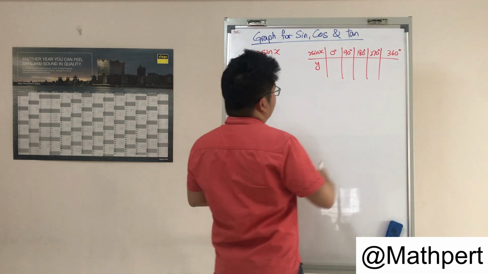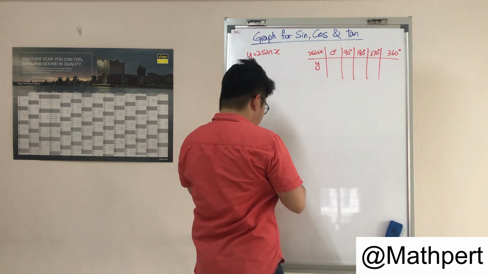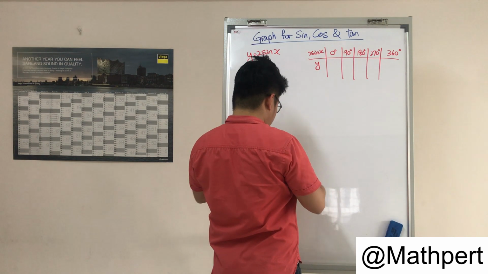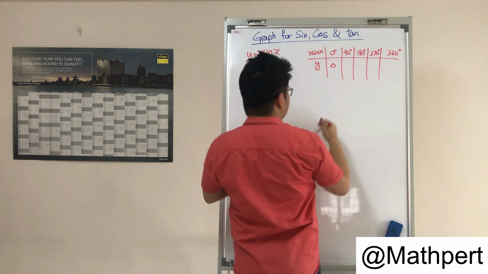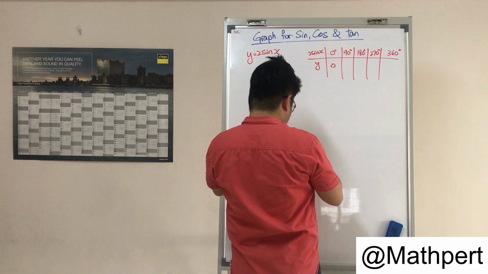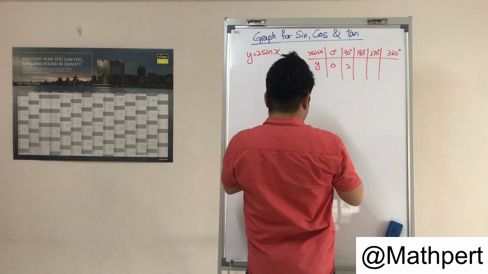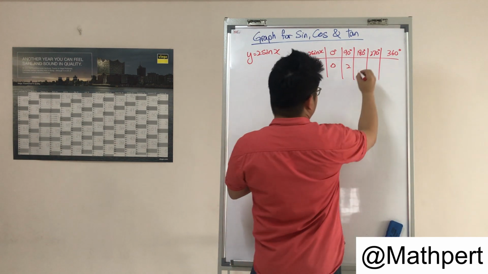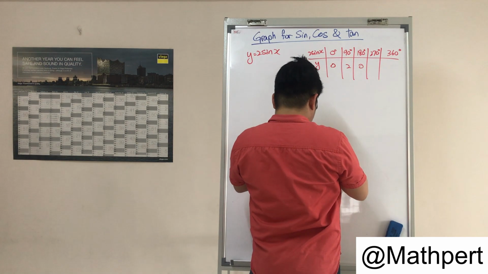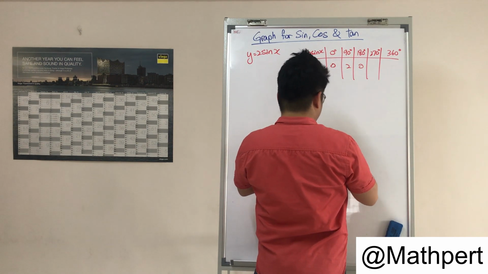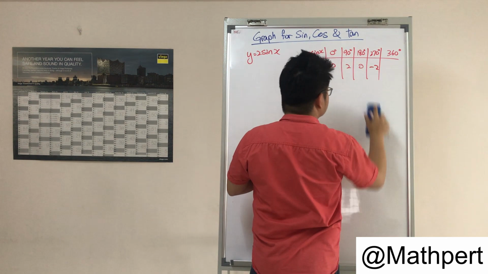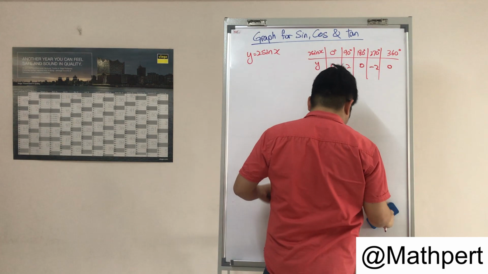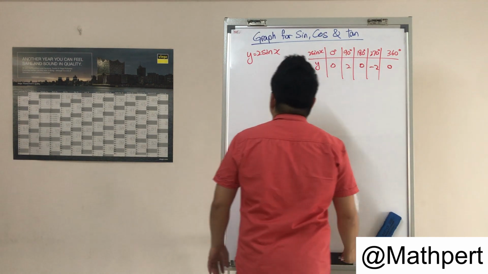Substitute 0 into x, we get 2 sine 0 degrees, we get y equals 0. 2 sine 90 degrees, we get 2. 2 sine 180, we get 0. 2 sine 270, we get negative 2. This is 0. This is 0.